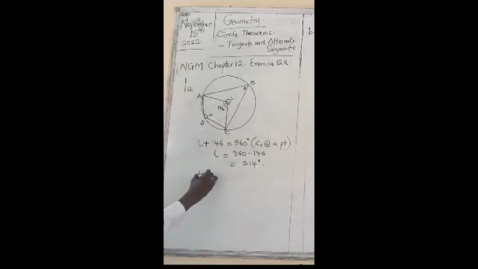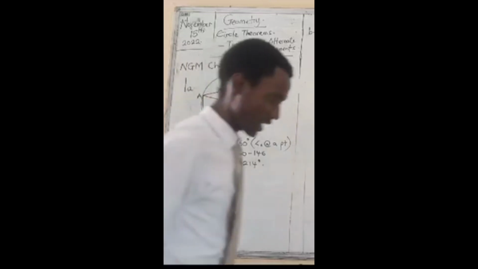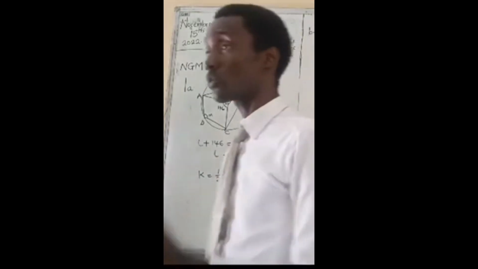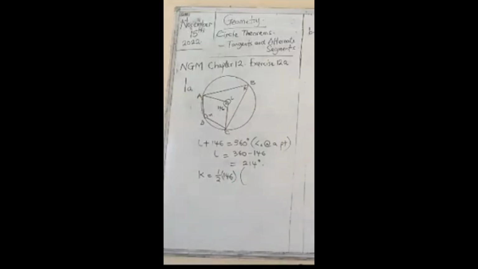Now, in no particular order, I want to obtain K. What will K be equal to? Half of, beautiful, half of 146. Now take note of this, that I'm trying to twist convention a little. Well, back in those days, you write everything, right? But provided you know what you're doing. Now, what is the reason for this, which is very important?